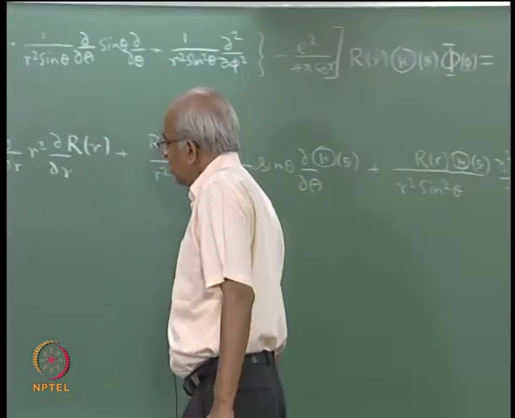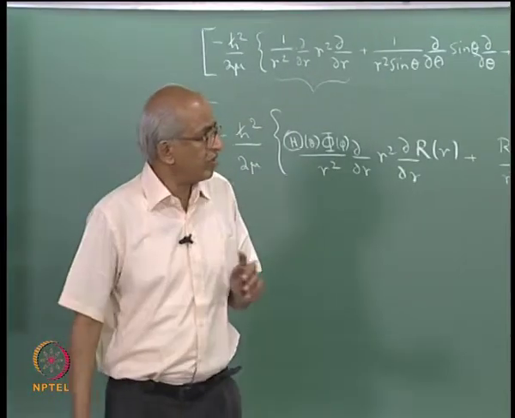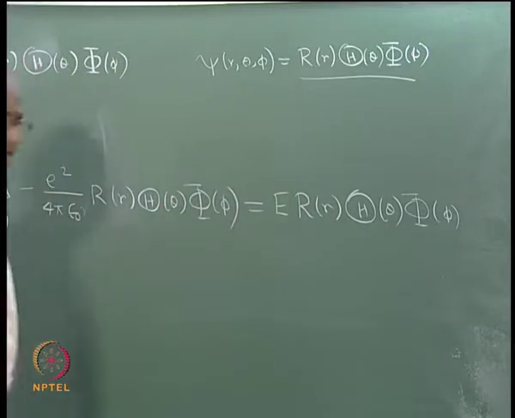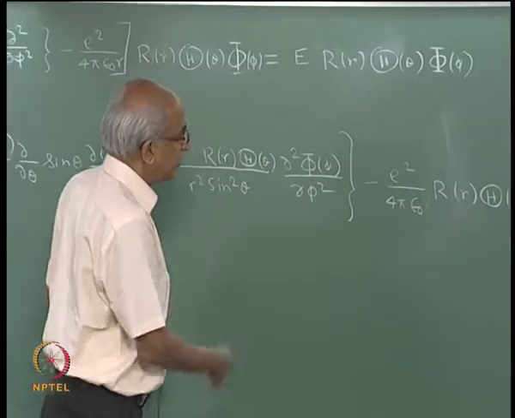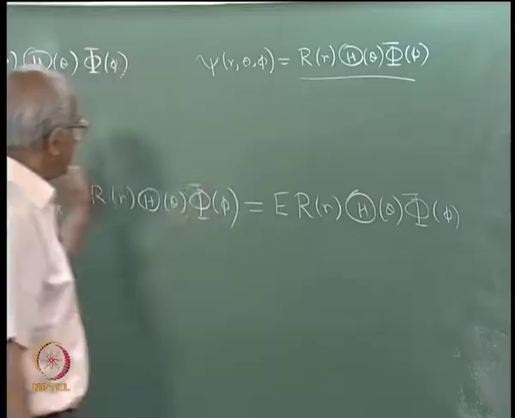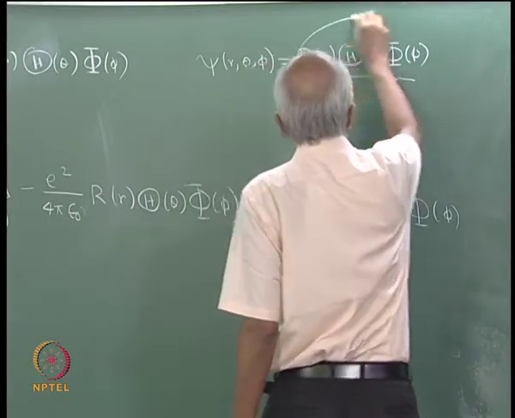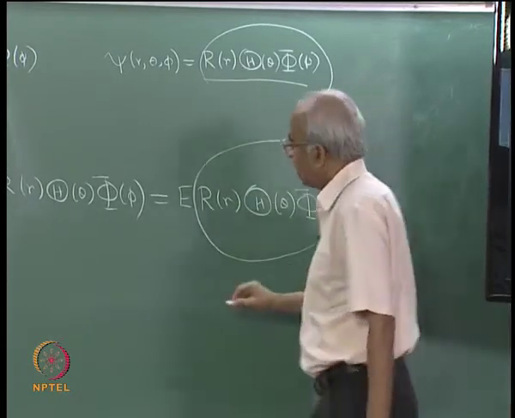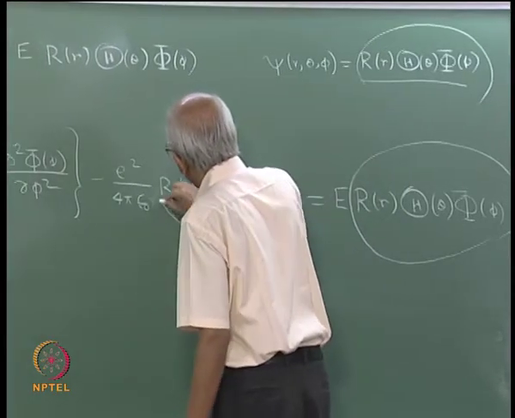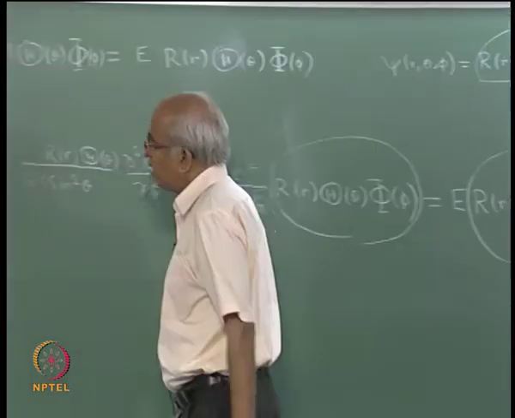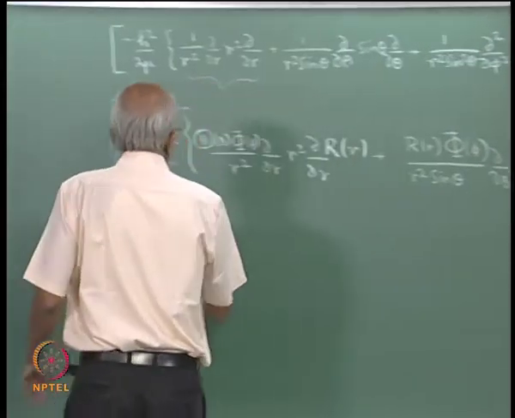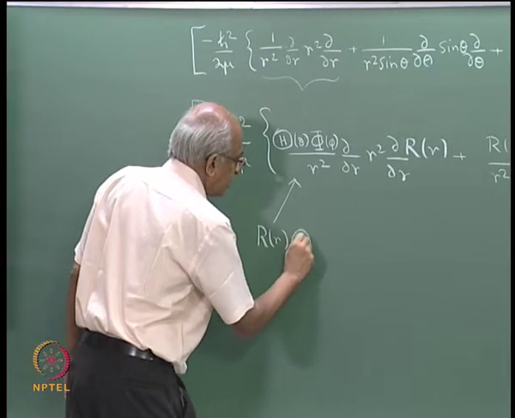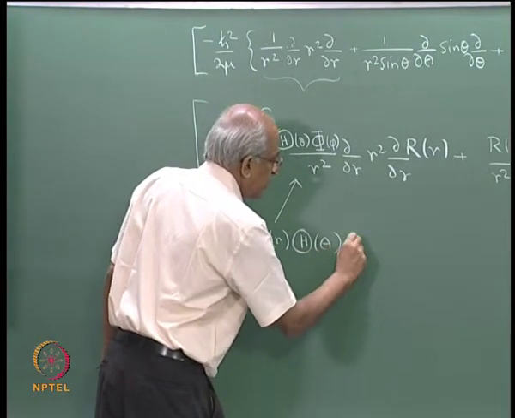Now, the next thing that we will do is divide throughout by the wave function itself, and the reason for doing that will become clear as I proceed. If I divide throughout by this function, then obviously from the left hand side this is going to go, and from this term also the term is going to disappear, while in these terms you are going to divide by capital R of r, capital theta of theta and capital phi of phi.